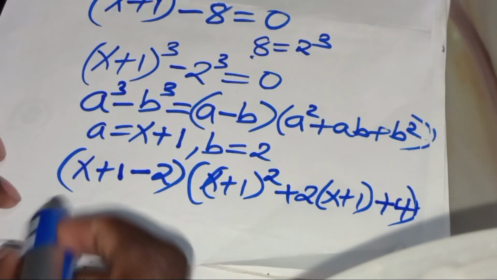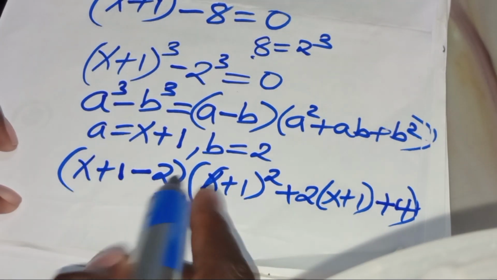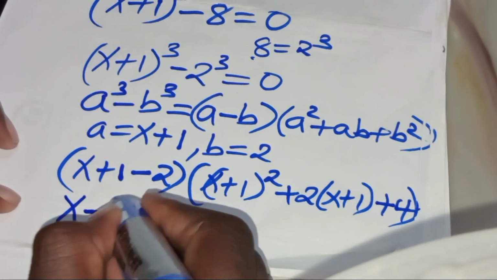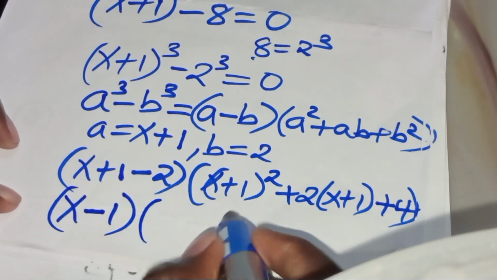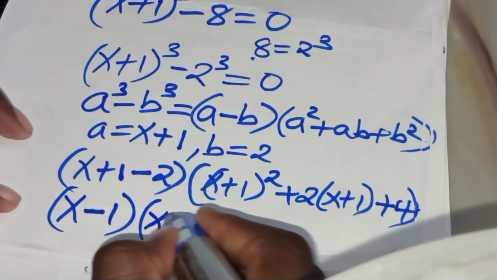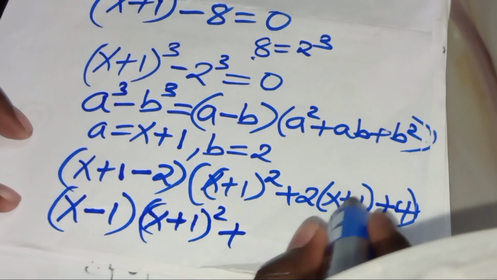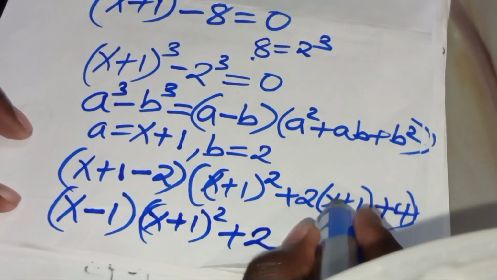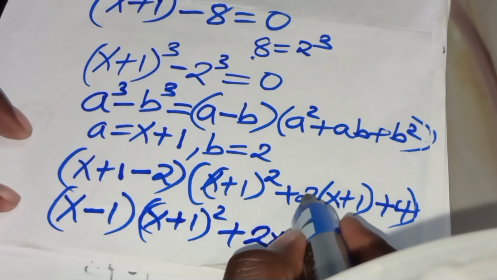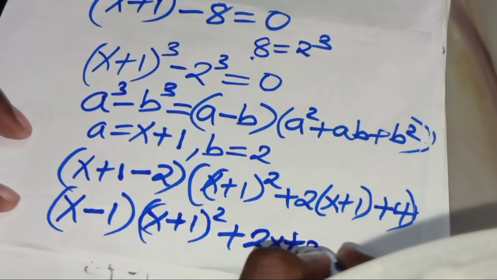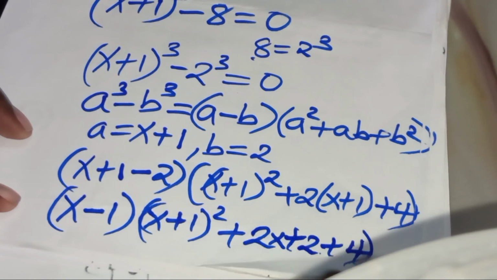Okay, so here we have x + 1 - 2. This is actually x - 1. Then we'll have (x + 1)^2 plus 2 times x, which is 2x, plus 2 times 1, which is 2, then plus 4. This is equal to 0.